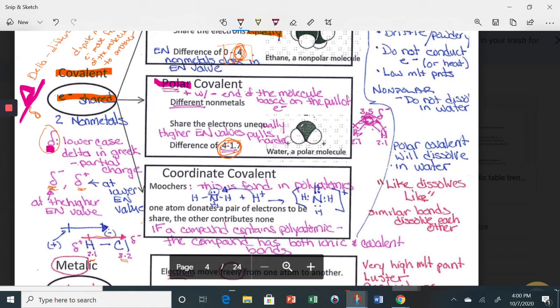This little arrow means electron flow, and the arrowhead will be the one where the area is negative, and to indicate the positive side, they put this little thing on the end of the arrow.